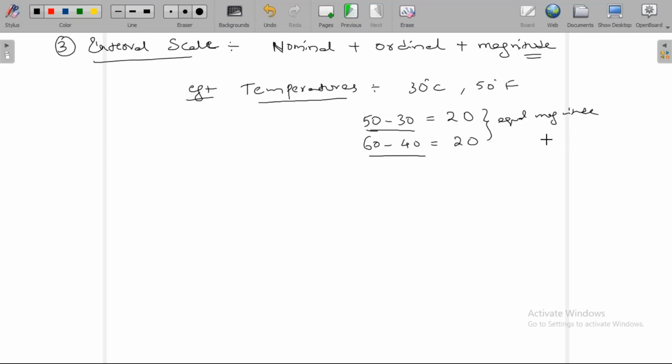When I say temperature is 0 degrees centigrade, what does this mean? Usually, what is temperature? Heat, right? So there is some temperature.